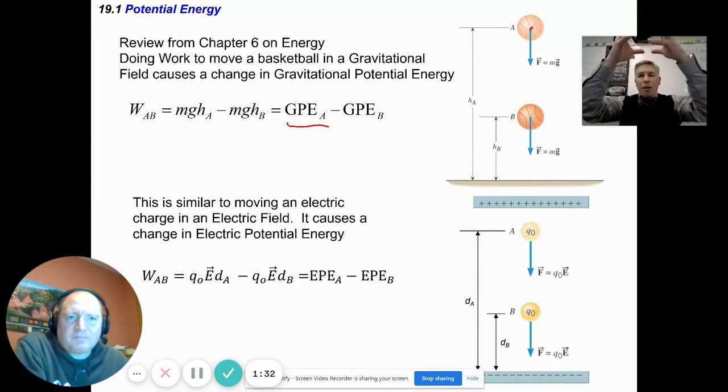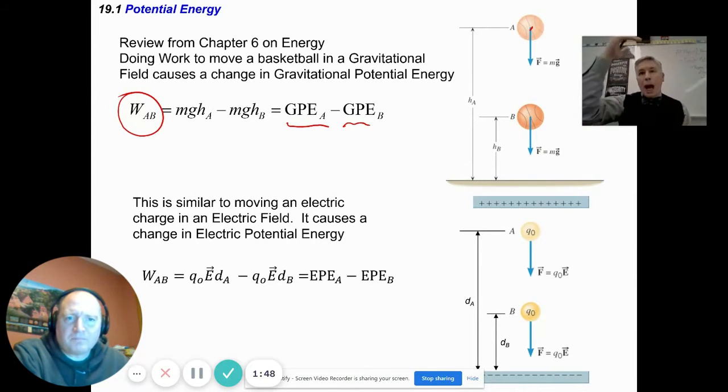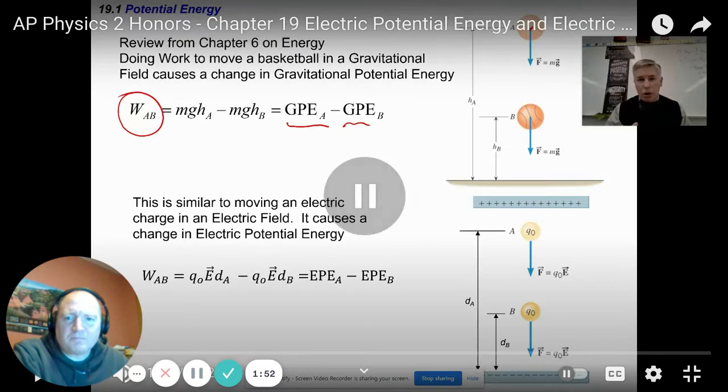And then if I let the basketball fall, its gravitational potential energy is going to decrease. So it's going to go to a lower value here. And basically work is going to be done by the gravitational field to move it from high potential energy to low potential energy.